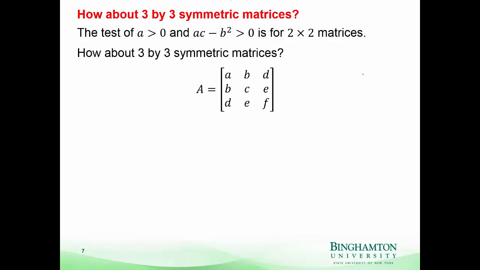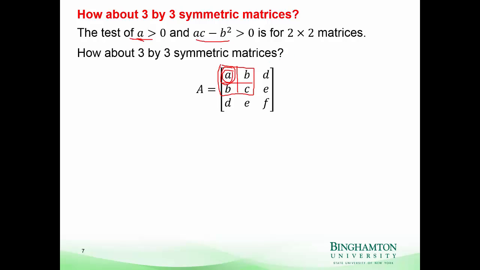So we go, okay, for two-dimensional matrices, A must be greater than 0, and then AC minus B squared must be greater than 0. And if we think about that for a minute, and this is where the creativity comes, we go, well, look, if I imagine slicing this up into 1-by-1 matrices, if I look at the 1-by-1 matrix in the upper left corner, A is its determinant.